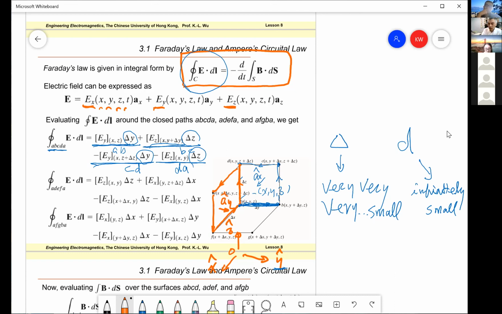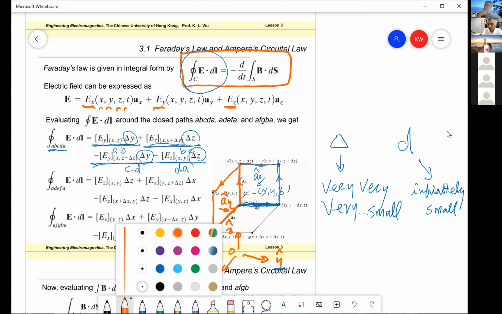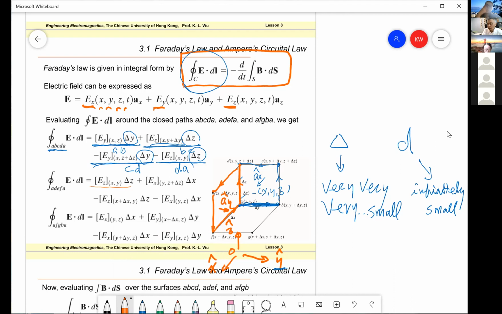So this is a contribution of AD, and this is a contribution of DE, a contribution of EF, a contribution of FA, and so on.